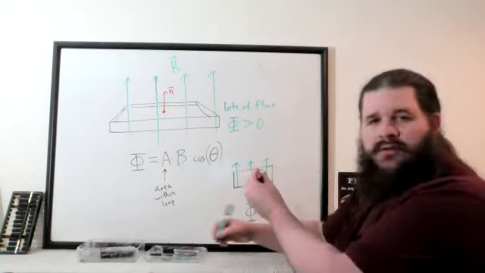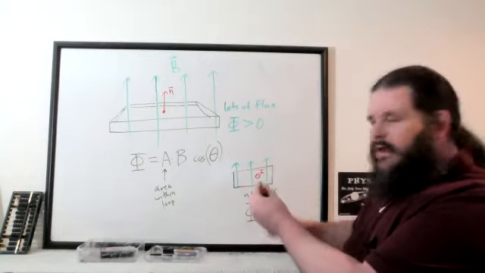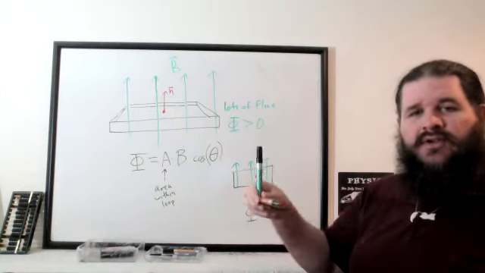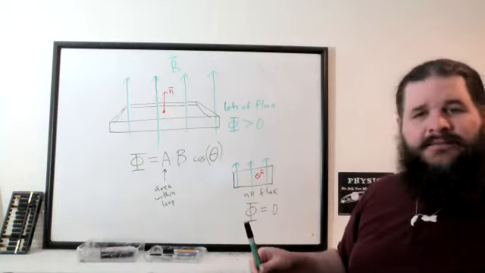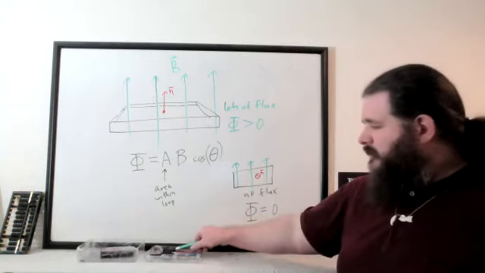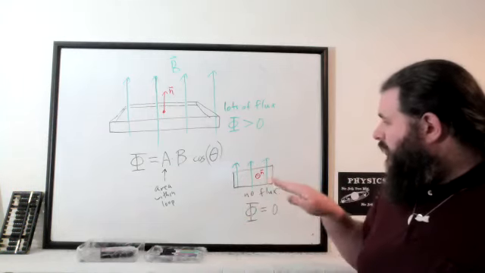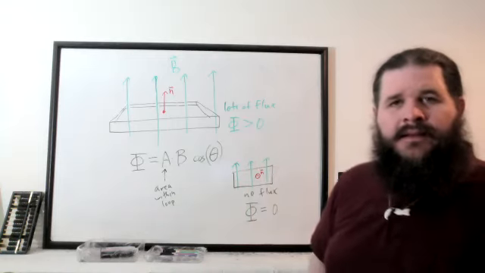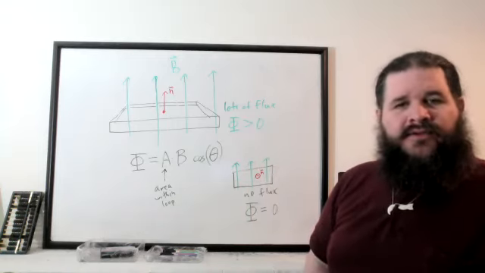So the normal vector, perpendicular to the surface, and the magnetic field are perpendicular to each other, so you get 0 as cosine of 90. That means no flux, conceptually, because these field lines are not going through the loop, they're just skimming along the surface. Any other questions on that so far?